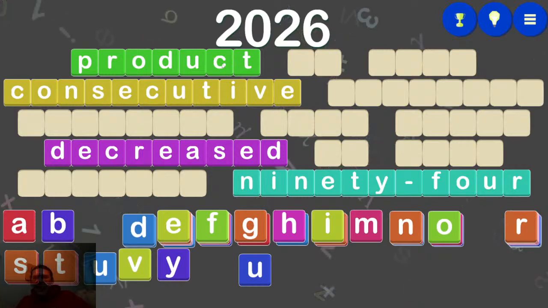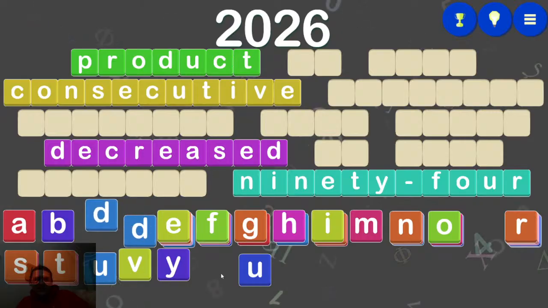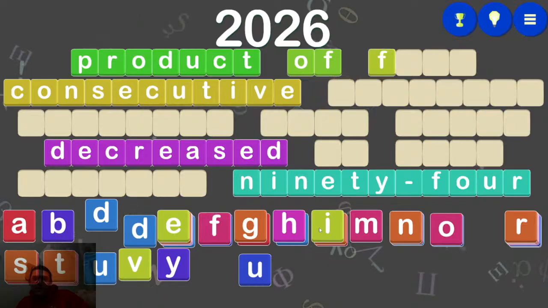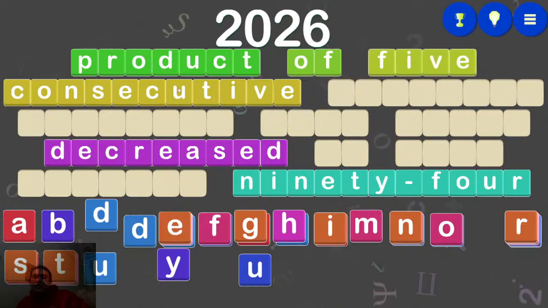And why C is not red, I'm not getting it. All right, product. If we have product, then it must be of. Product of several consecutive letters. Oh, not letters, numbers. Of 5 consecutive.